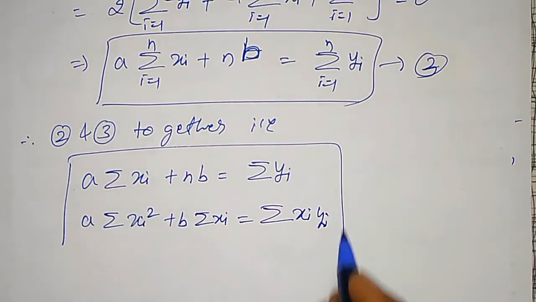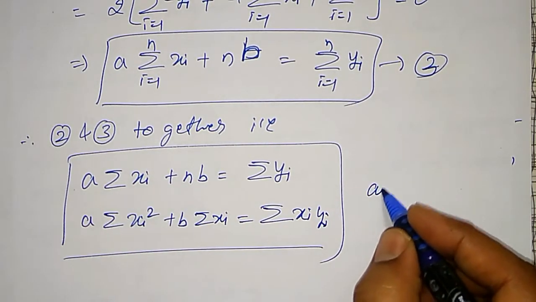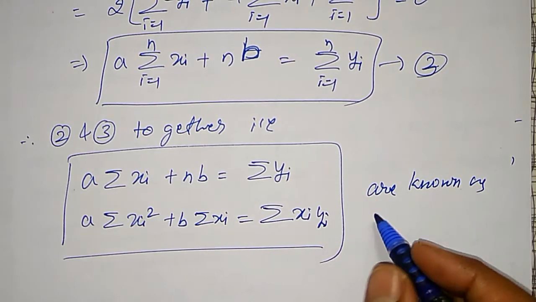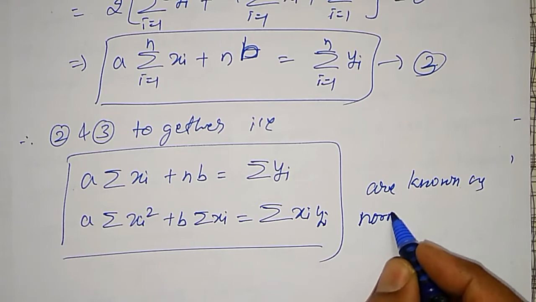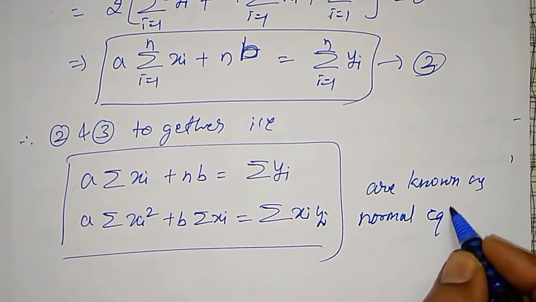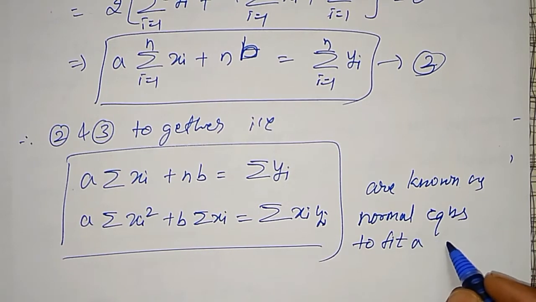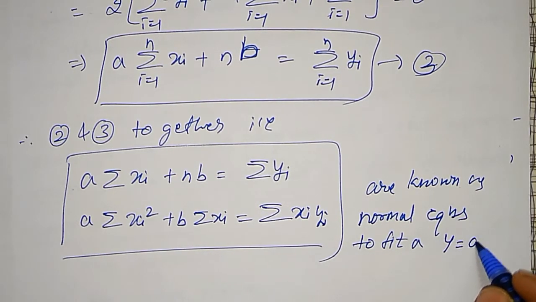These two together are known as normal equations to fit the y equal to ax plus b equation.